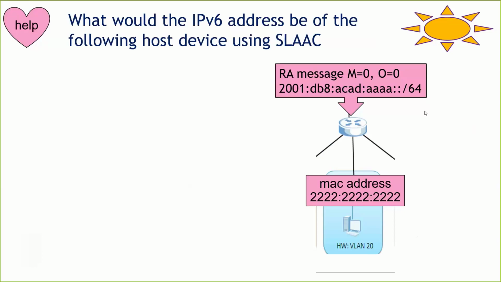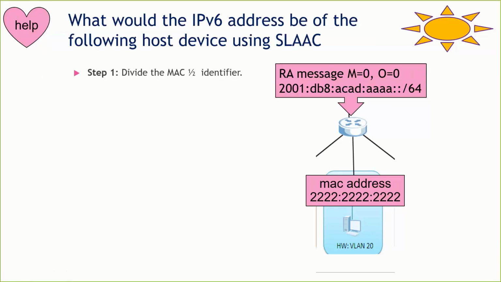So you know the first part, right? First part's easy because it's in the router advertisement. There's the first part. Now you need to figure out the next group of hex text. You need to figure out this hex text, this hex text, this hex text, this hex text, using the EUI64 process.